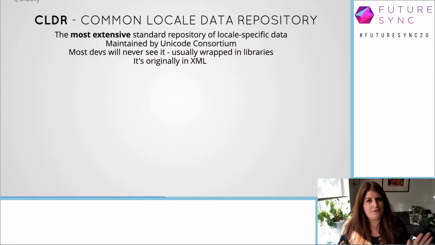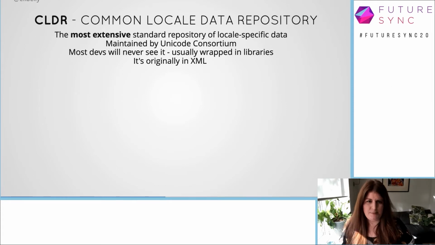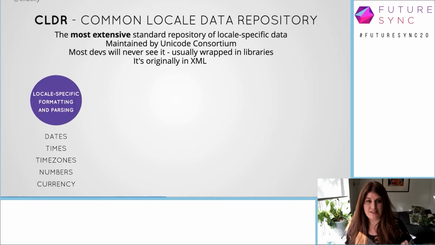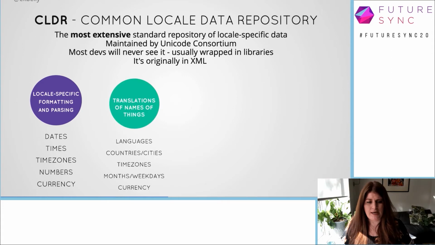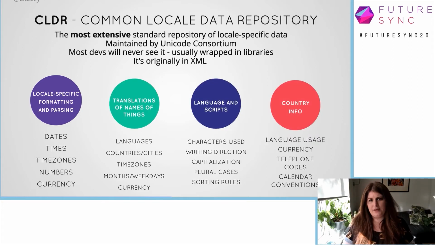One of the Unicode children, basically, is the Common Locale Data Repository, CLDR, which is basically like 20 megabytes of XML files. For each language, it has information in that language about how that language handles names of the week, names of months, names of time zones.